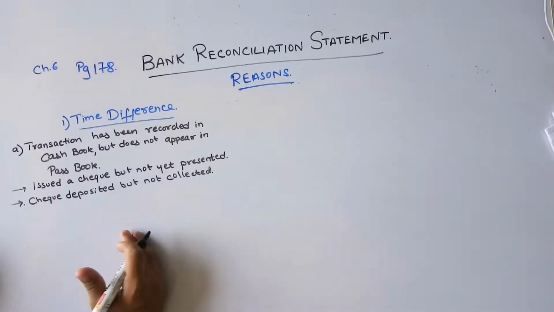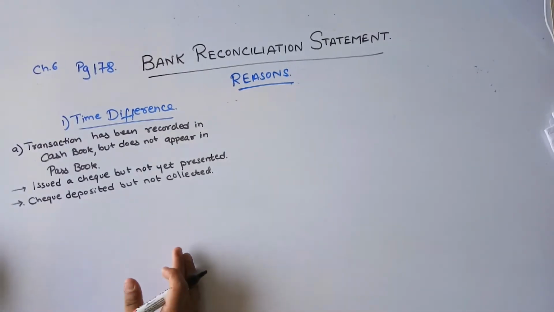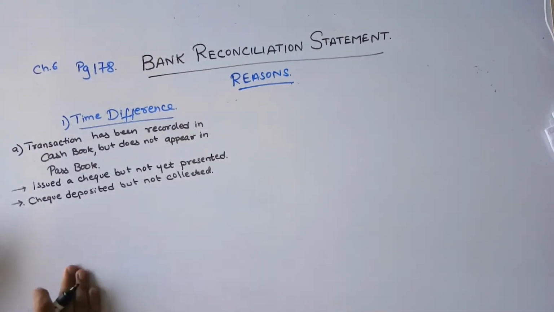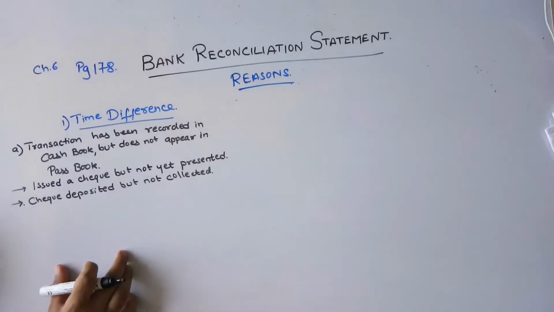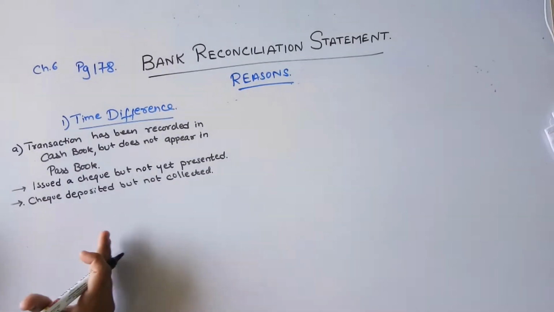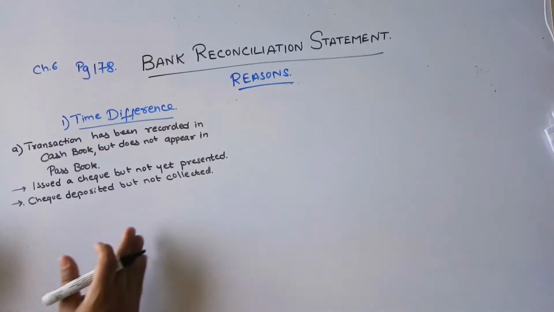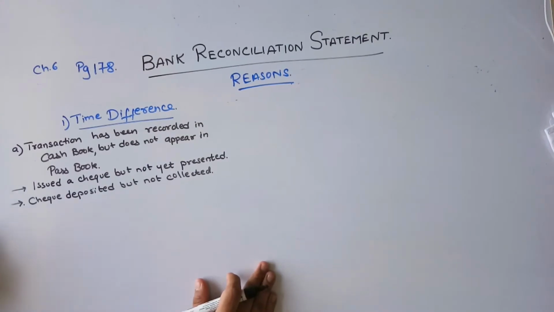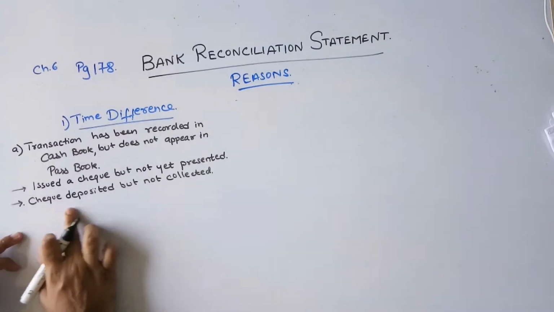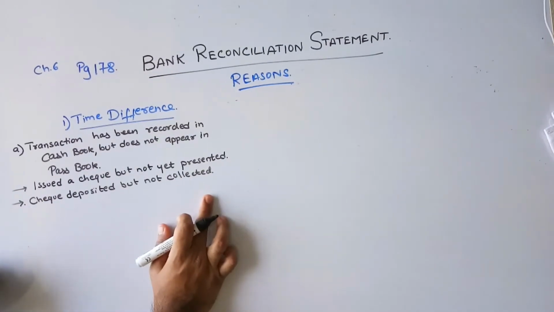I deposited it into my bank account, but it usually takes 2 days for the check to be cleared. So those 2 days are the time difference. Within that time, that check will be debited in my cash book, but in my passbook it has not yet been credited. So that is the second cause: check deposited but not collected.